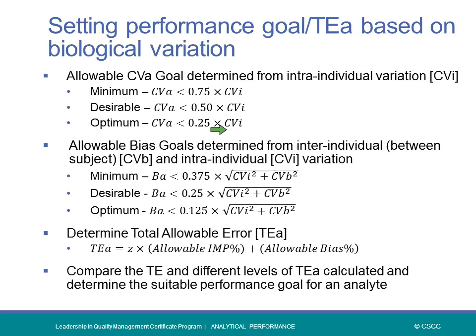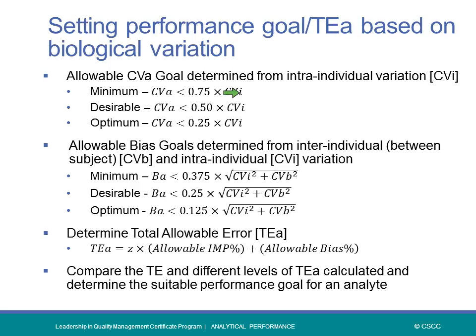Of course, as you increase from 0.25 to 0.5 to 0.75, defining minimal, desirable and optimal specifications, the analytical CV or the accepted analytical CV will tend to have a greater impact on the variability and, I guess, decrease the value of a significant change in results.